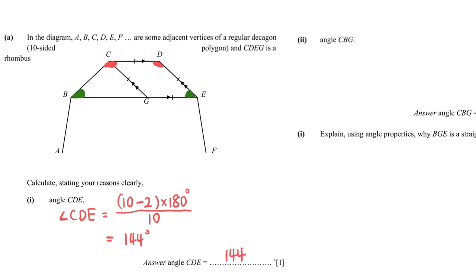So once I know this, and I also know that the angle sum of a quadrilateral is 360 degrees, then angle CBG is simply 360 degrees minus away my 144, minus 144 again, and divide by 2.